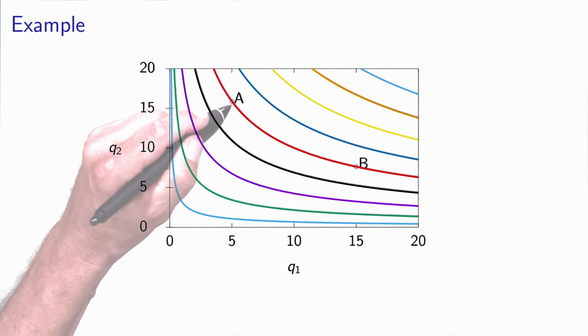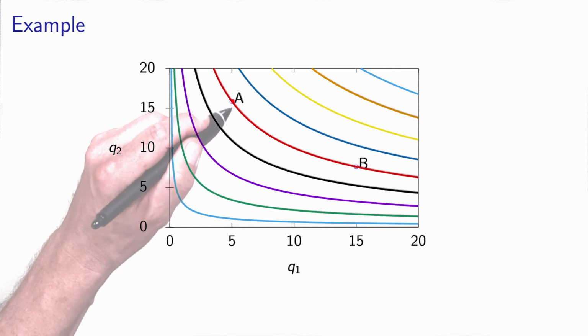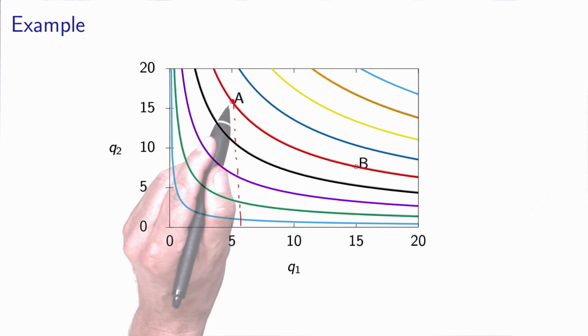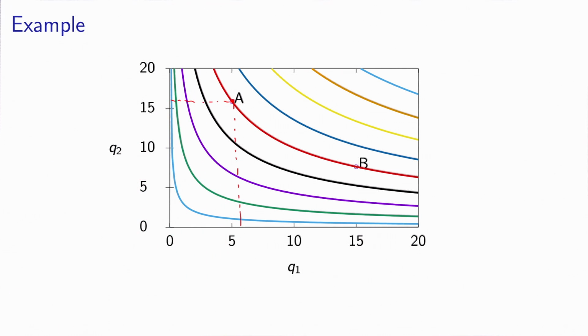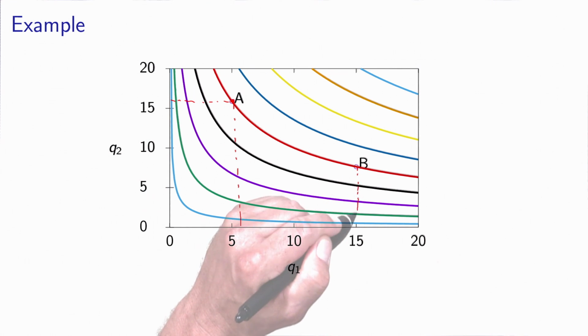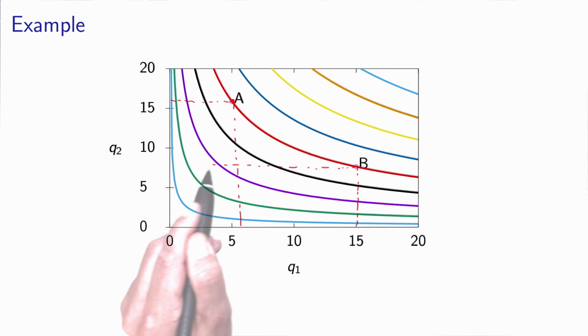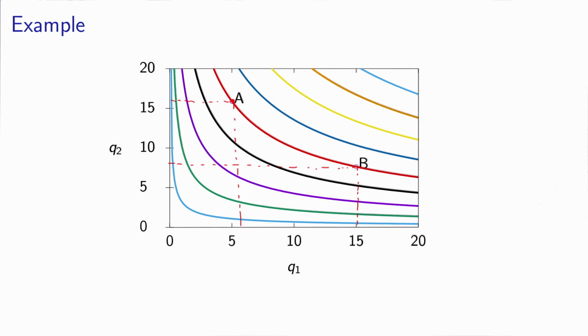In this example, basket A, which corresponds to a quantity of 6 of item 1 and 16 of item 2, and basket B, which corresponds to a quantity of 15 of item 1 and 7 of item 2, have exactly the same utility.